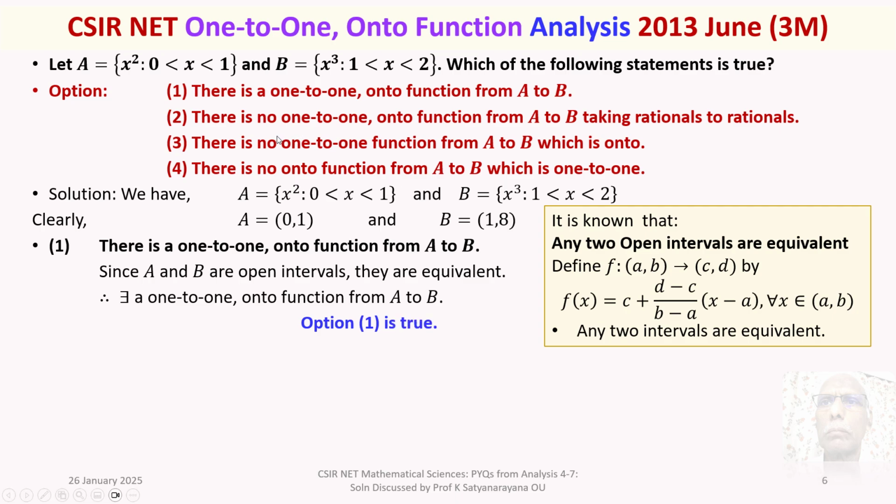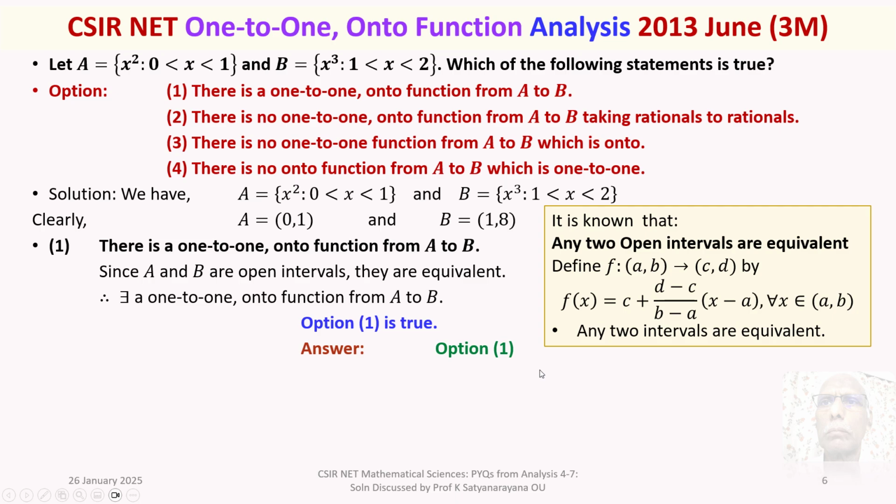The remaining options are all not true, because they say there is no one-to-one, there is no onto, and so on. So the answer to this question is option 1. That is the detailed discussion of the solution of this problem from the analysis related to one-to-one and onto functions.